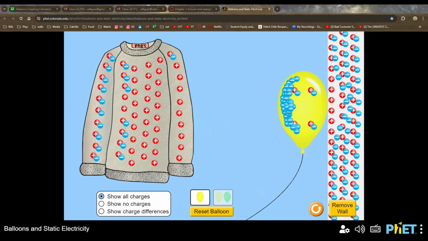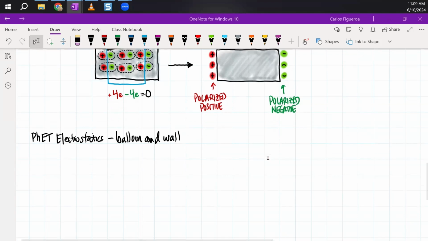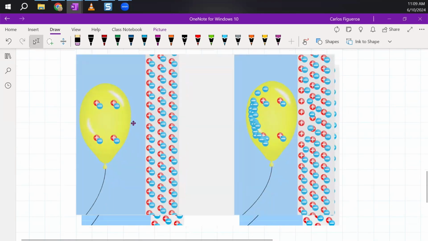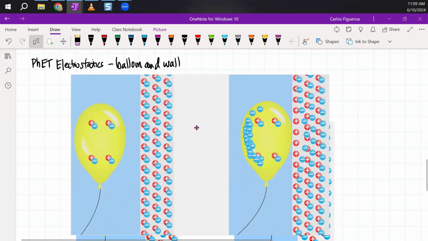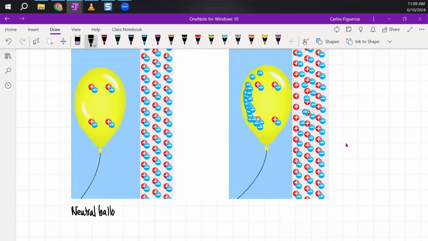So if I'm looking at what we just did, I took some screenshots and here's what we found. I find here that I have these are neutral balloon and wall.